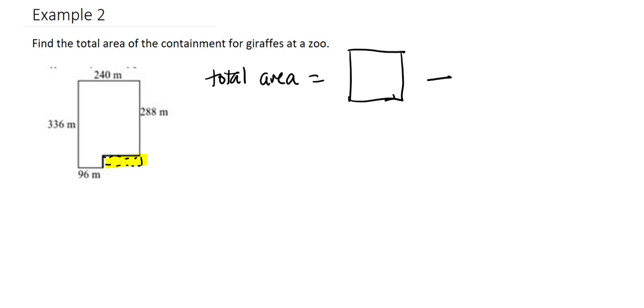So I'm going to do a dotted line, which is right here. We can just go ahead and subtract that part from it. So that's one way to find the total area. Or we could find it by adding up 2 parts.